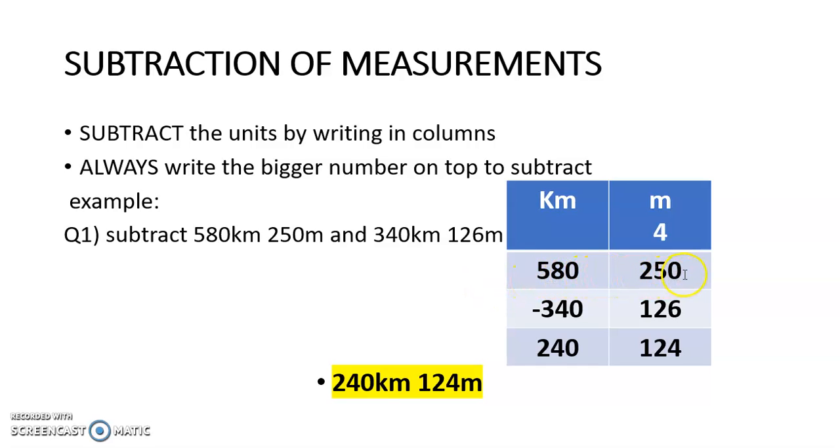And now let us subtract. 0 minus 6, so we have to borrow here, it becomes 10 minus 6, 4. 4 minus 2 gives us 2, and 2 minus 1 gives us 1. 0 minus 0, 0 again here. 8 minus 4, 4. 5 minus 3, 2. So the final answer here is 240 kilometers and 124 meters.